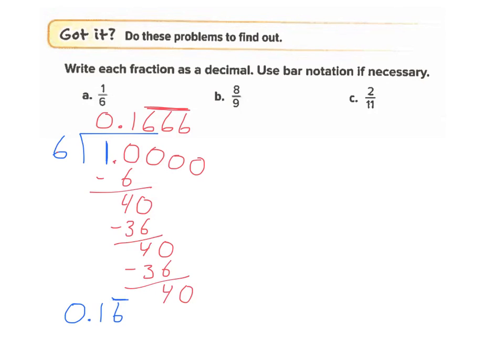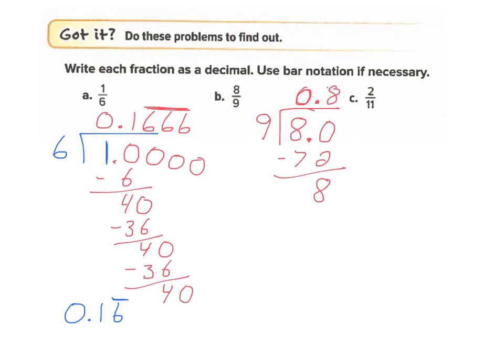Here, 8/9. So 8 divided by 9. 9 can't go into 8, it goes in 0 times. So we add our decimal and a 0, and lets us keep going. 9 goes into 80 8 times, which is 72.